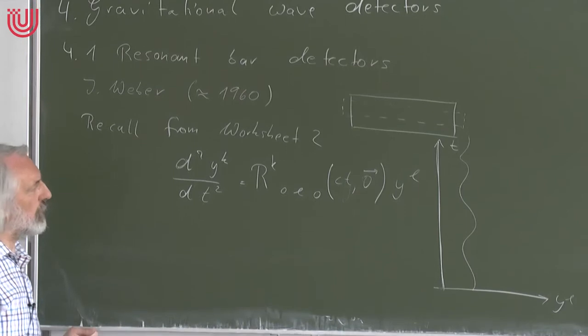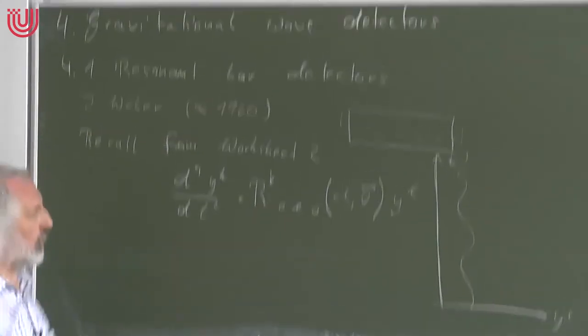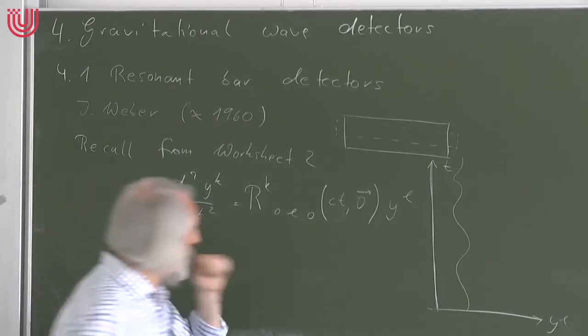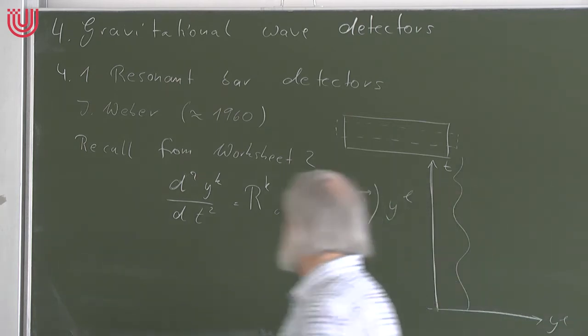Second order differential equation, obviously the solution to this is some kind of oscillator behavior, right? And then we related the curvature tensor, again in the worksheet, to the amplitude of our wave. So there was a factor 1/2 of it.